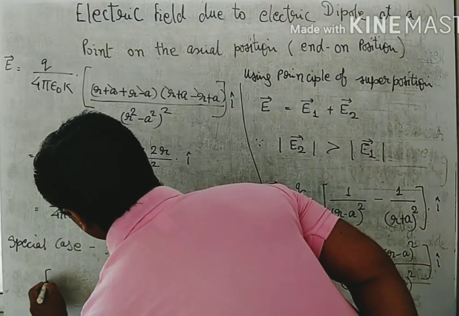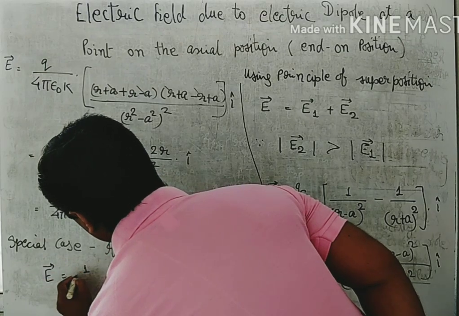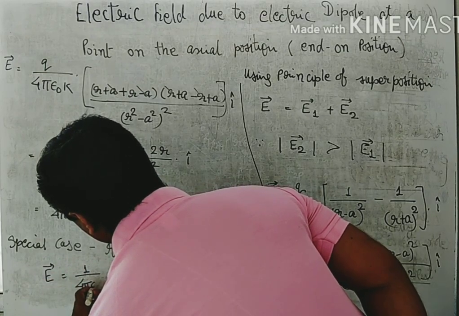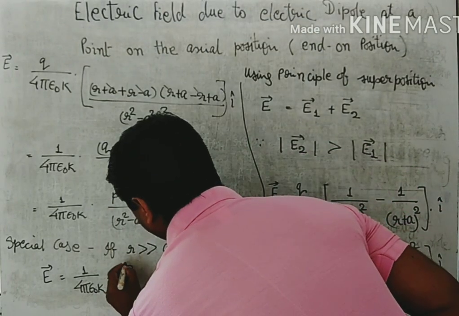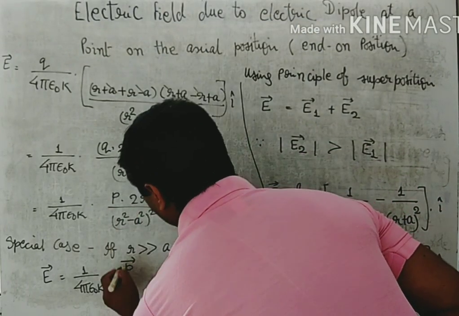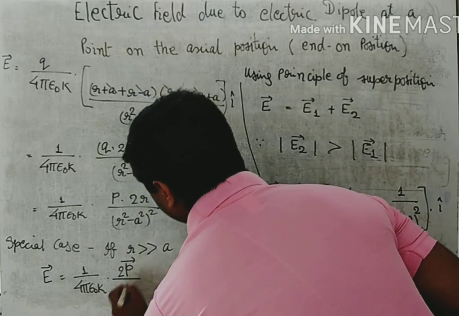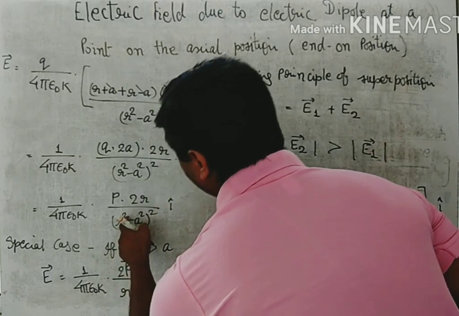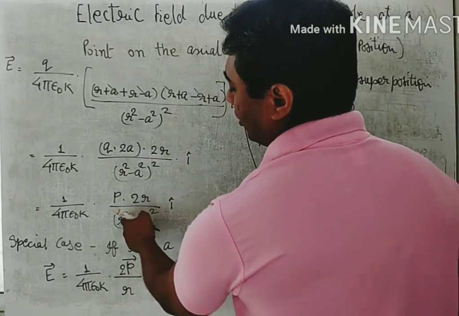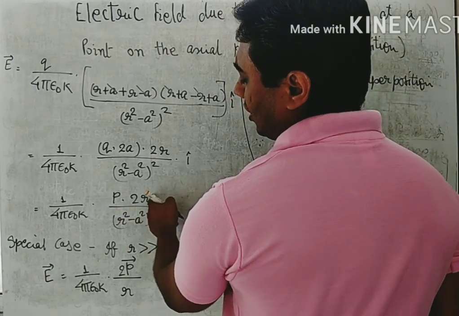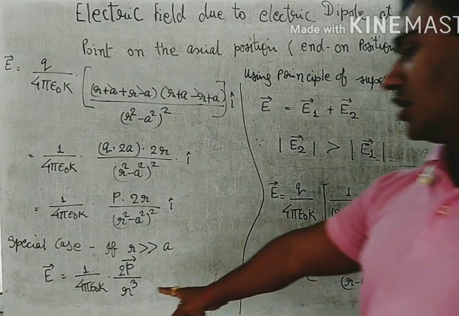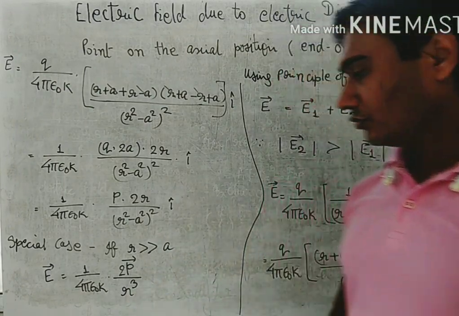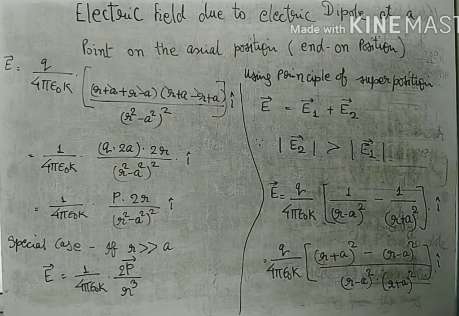So taking that into account, we write 1 upon 4 pi epsilon naught k into the p vector into 2 upon r square, and its square will cancel this r, leaving only r cube. So this is the final outcome.